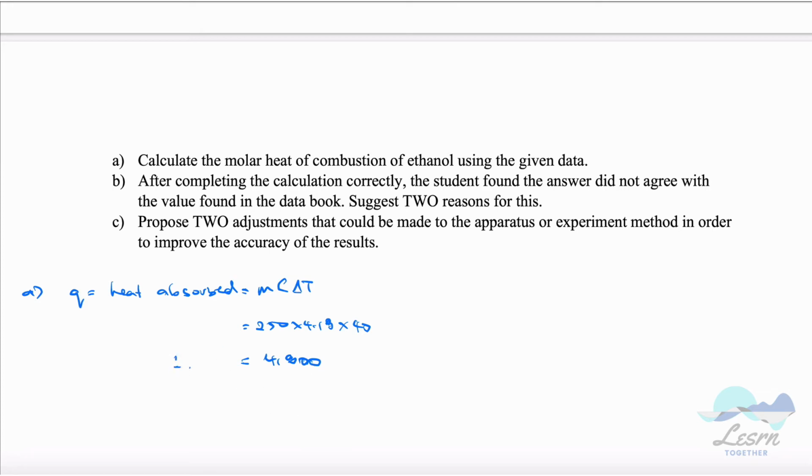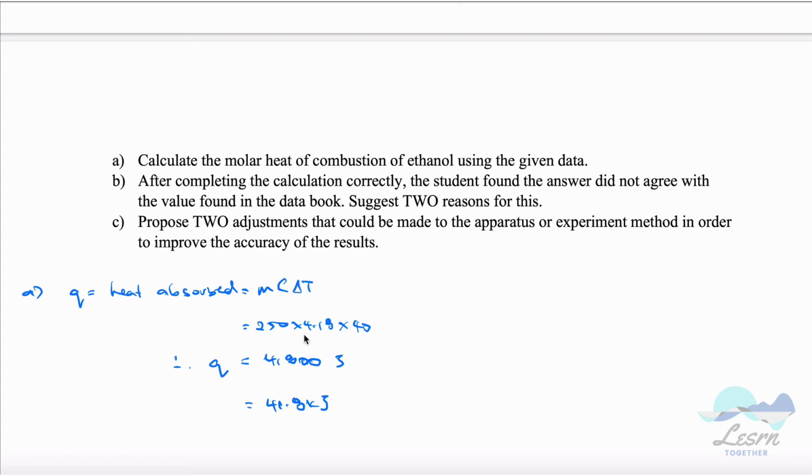All right, so therefore Q equals 418000, and the units for this are going to be joules, which means that's also equal to 41.8 kilojoules. All right. So what this is saying is, given a mass of 250 grams of water, a heat capacity of 4.18 and a change in temperature of 40, for this to all have happened, the water would have had to absorb 41.8 kilojoules of energy, right?